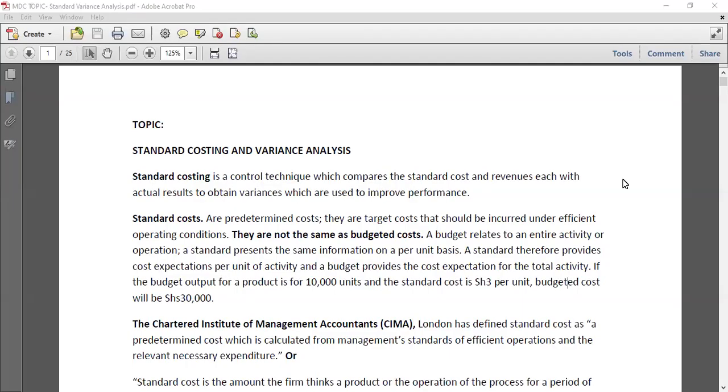It's basically a technique where you set a standard cost or revenue for your unit products. Based on those standard costs or standard prices, you're able to do an evaluation versus your actual price or actual cost for a unit product, and then you're able to get variances that may help you to make key decisions about your production.